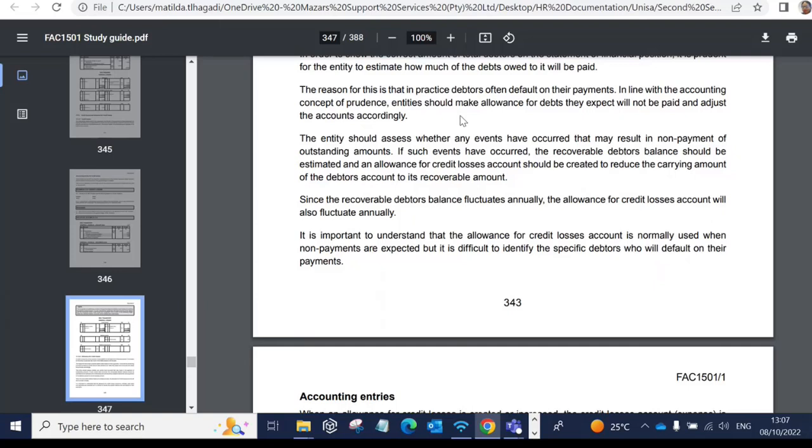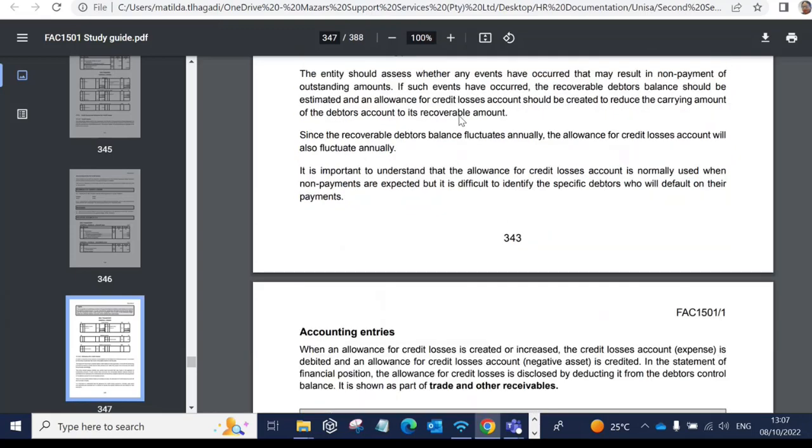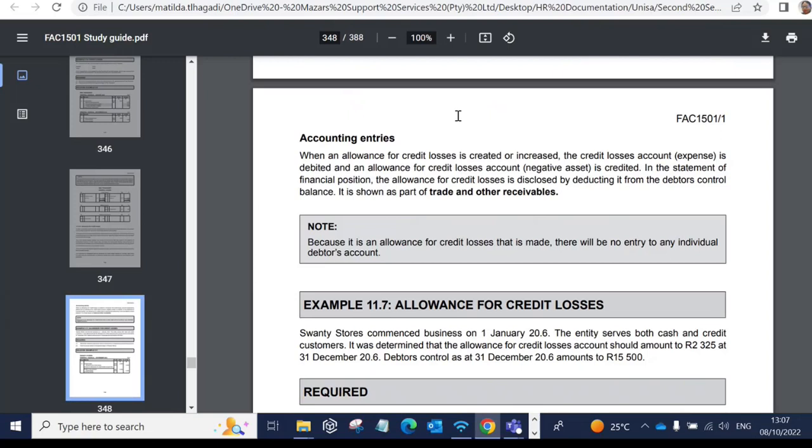Since the recoverable debtors balance fluctuates annually, the allowance for credit losses account will also fluctuate annually. It is important to understand that the allowance for credit losses account is normally used when non-payment is expected, but it is difficult to identify the specific debtors who will default on their payments.